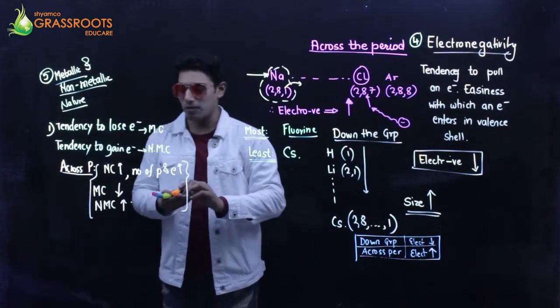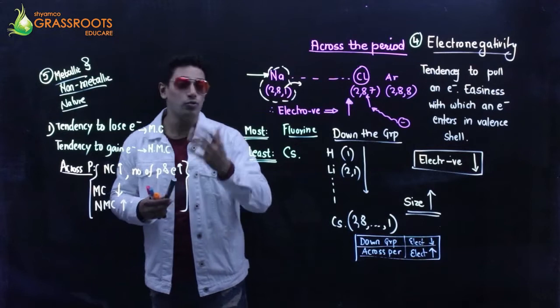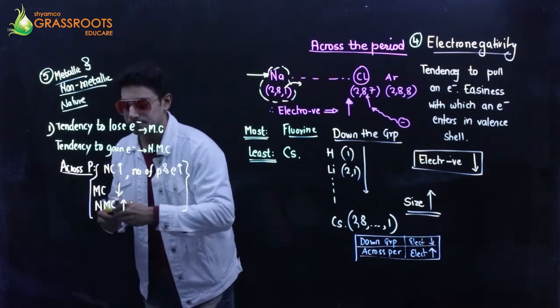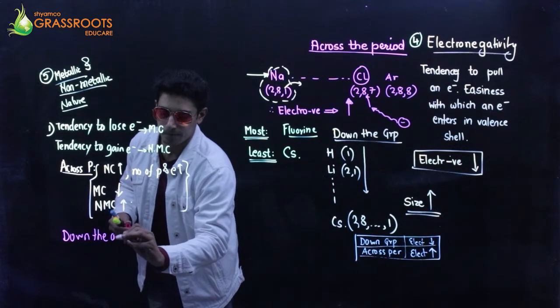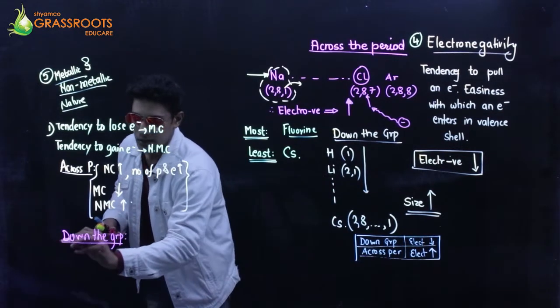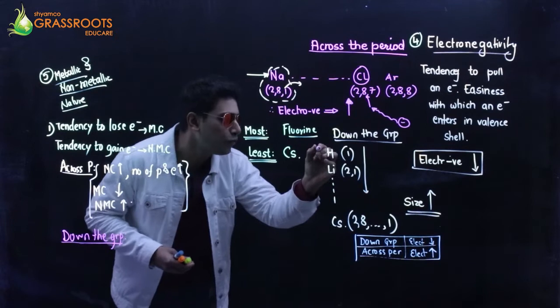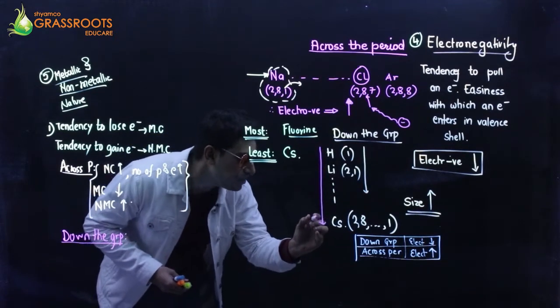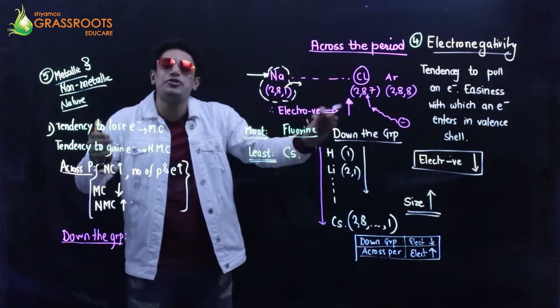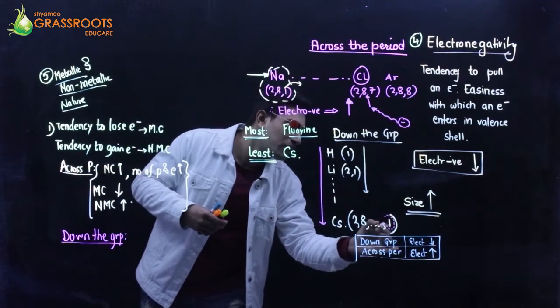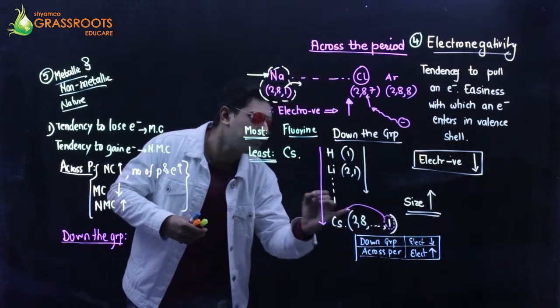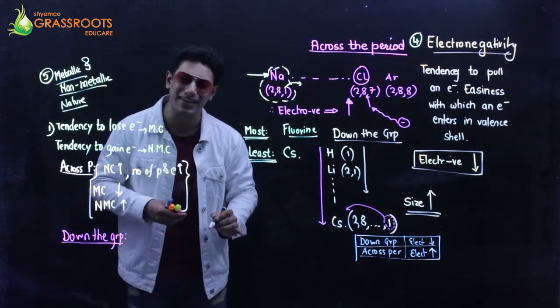Alright, if I talk about down the group, from hydrogen to cesium, the one who loses electrons very readily is cesium, because of the less force of attraction between the nucleus and the outermost electron.